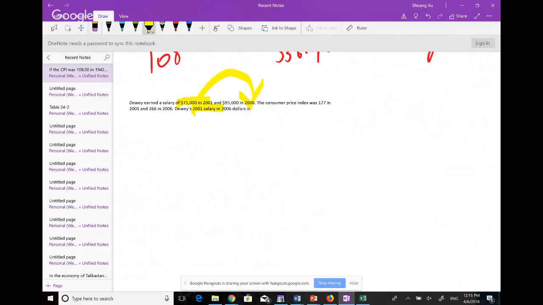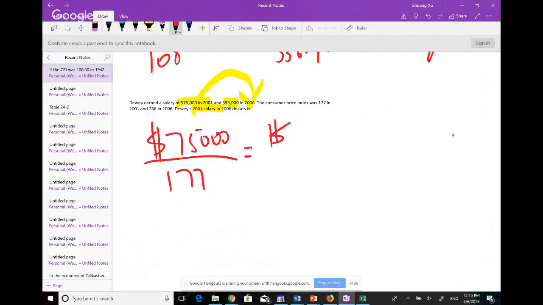Now this 95,000, don't worry about it because we're gonna compare to that value. So set it up, same setup. So 75,000 divided by the CPI 177 equals the dollar amount in 2006 divided by the CPI, which is 266. Right?